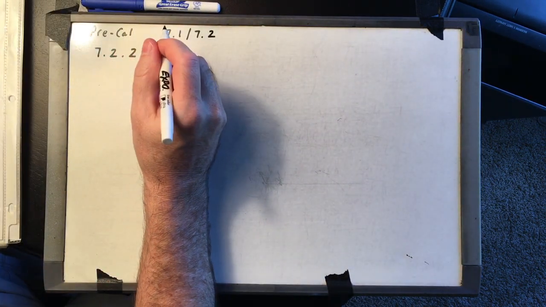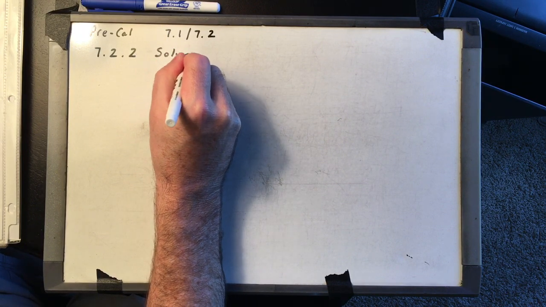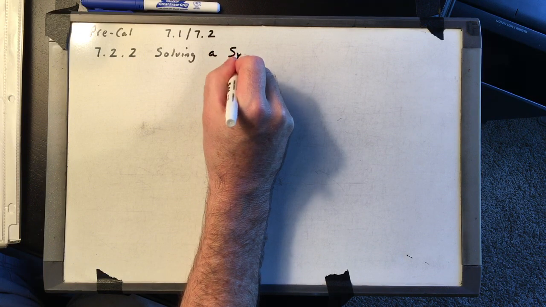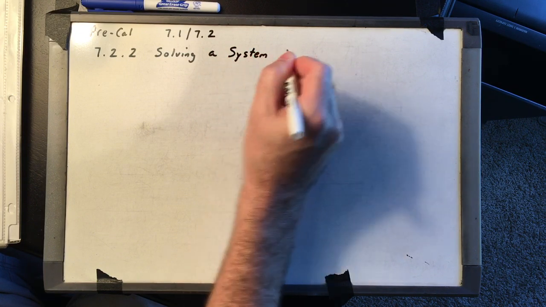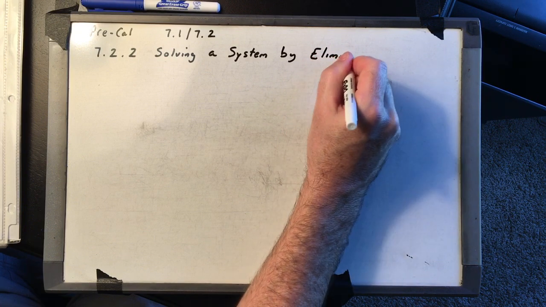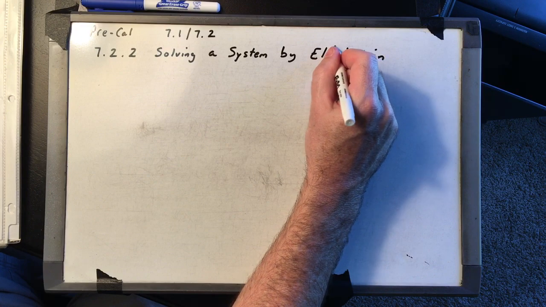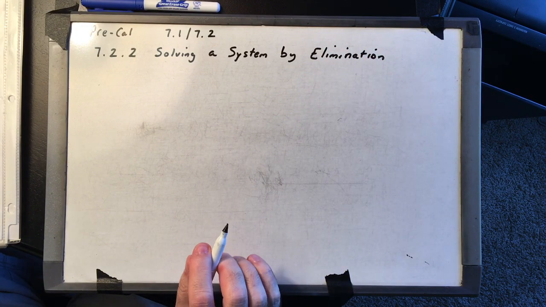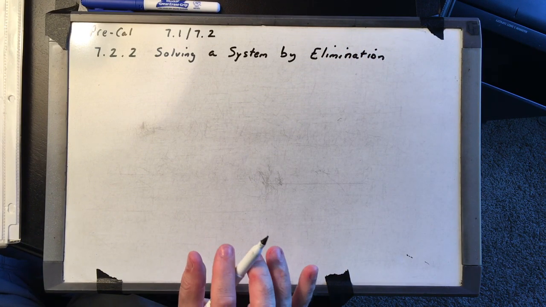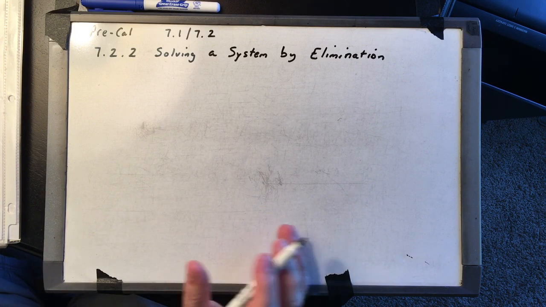So 7.2.2 is solving a system by elimination. Now this is really an Algebra 2 or even an Algebra 1 topic, depending on where you went to school. But this is going to lead to matrices.